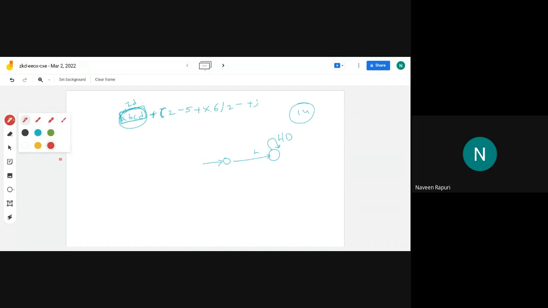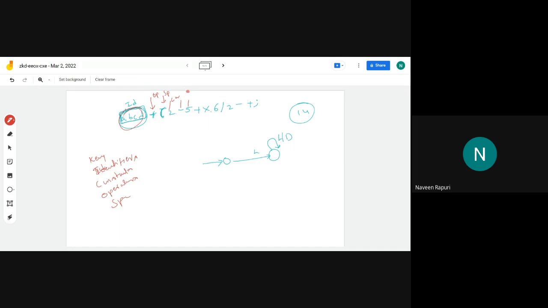The different types of tokens are keywords, identifiers, constants, operators, and special symbols. So this is an identifier, this is an operator, this is a special symbol, this is a constant.